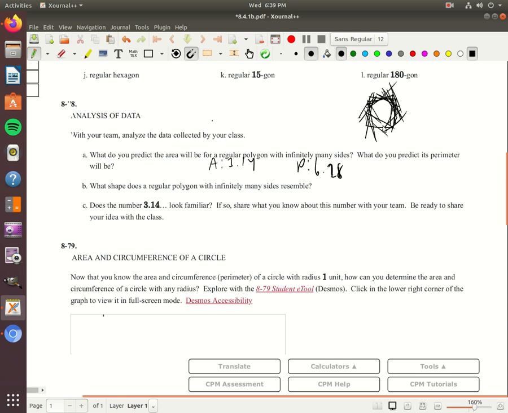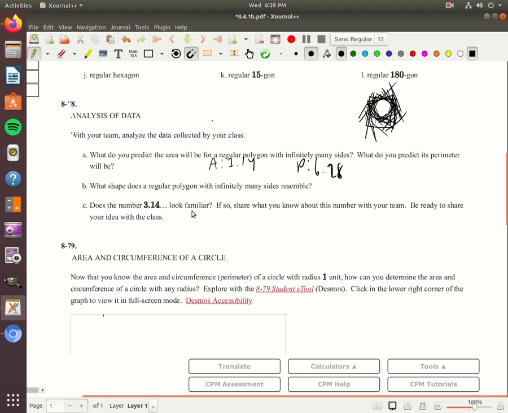It starts to circle out, right? Weird that I have yet to draw a curved line at all, but you can see it's starting to turn into a circle. So it's interesting. That's what a circle is. A circle is an infinite-sided polygon.